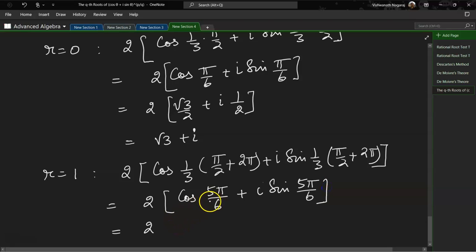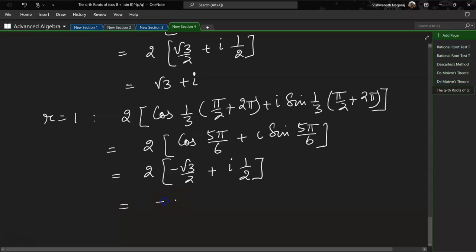Now cos 5 pi by 6 is minus root 3 by 2 and I sine 5 pi by 6 is 1 by 2, which gives us minus root 3 plus I.